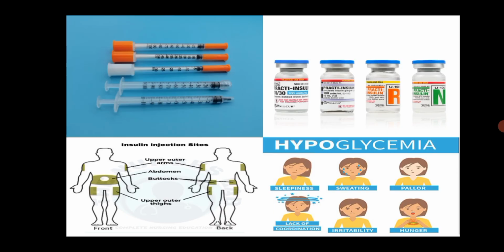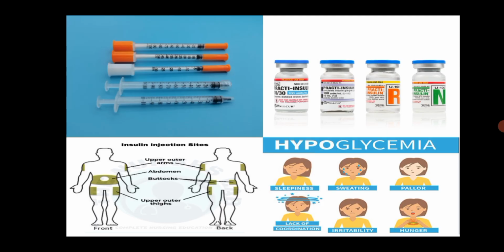So we tend to rotate. If today you administered on the abdomen, tomorrow maybe on the thigh, the other day on the shoulder, the other day on the buttock, then you go back to the abdomen. As we rotate, we are trying to prevent lipodystrophy, tissue damage, as well as poor insulin absorption.